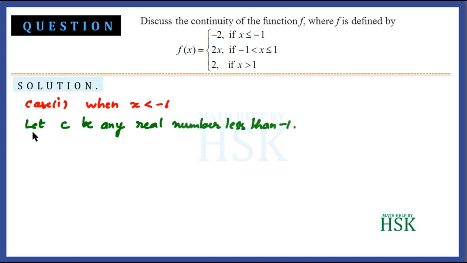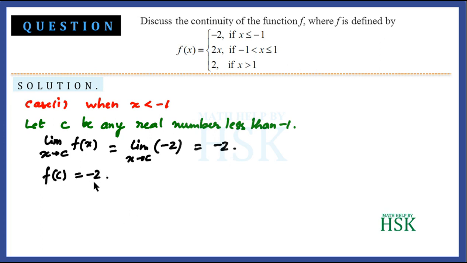If we assume that c is any real number less than -1, then the limit as x tends to c of f(x), that is, if we take the limit of x tending to any value c lying in this interval, would be equal to the limit as x tends to c of -2, or simply equal to -2. And f(c) is also equal to -2, that is, the value of the function at any point c is equal to -2.